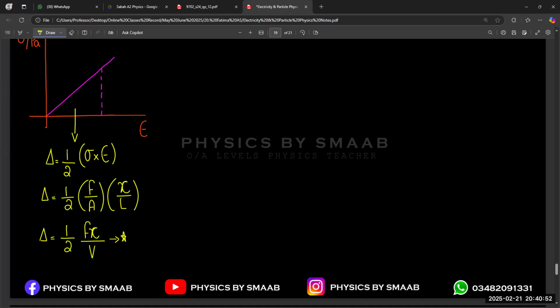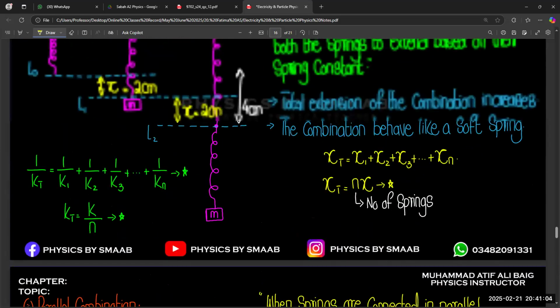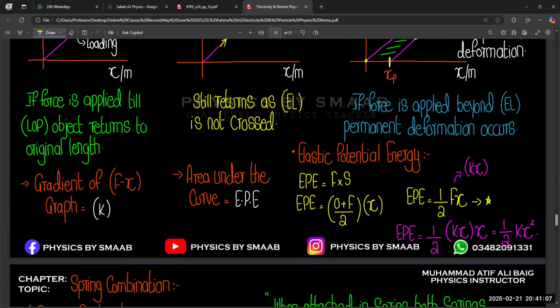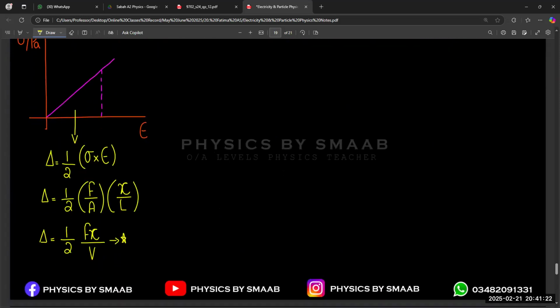And if you remember, last time we also derived the formula for energy, that is equal to half Fx or half kx square. So this is the formula that we also discussed last time. Elastic potential energy is equal to half Fx or half kx square. So we are getting the same value again, half Fx over V. So it means energy divided by volume.